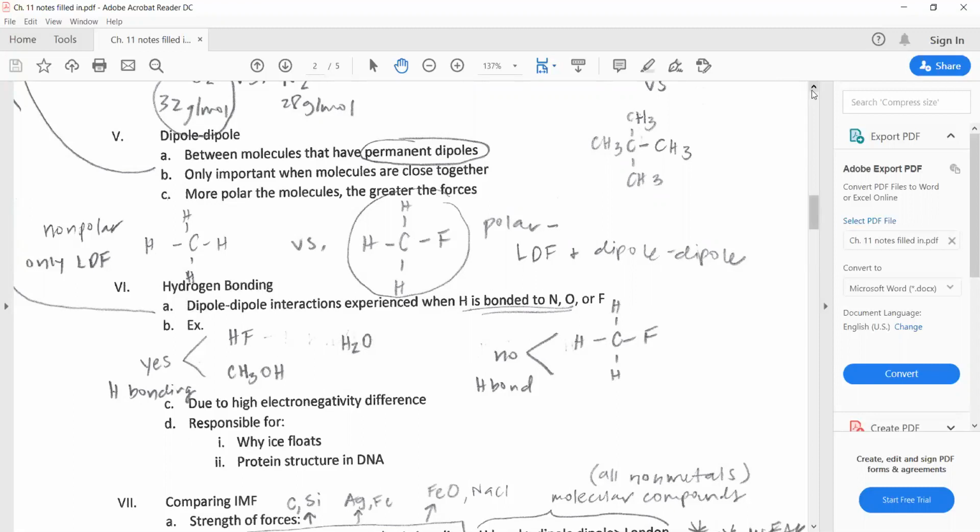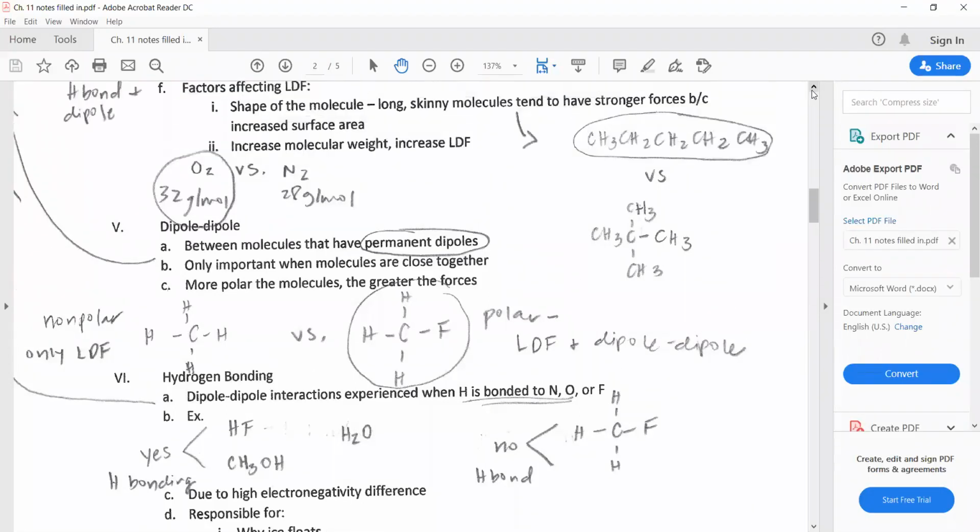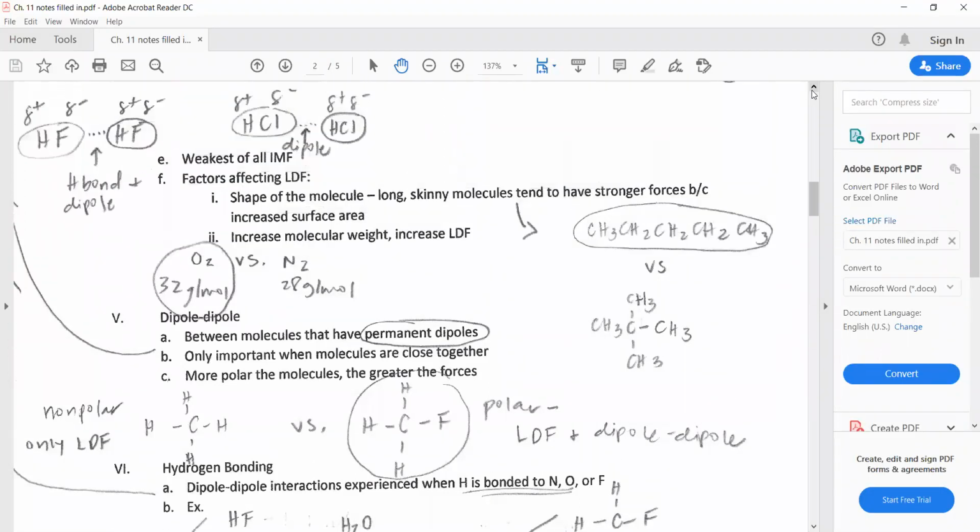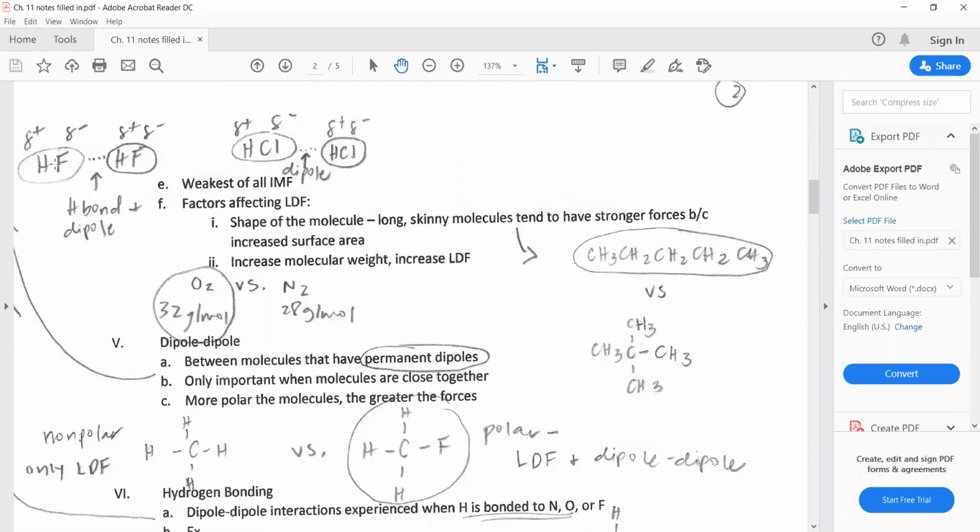Look back at the top here to my HF versus my HCl. We spoke of them very similarly because they were both polar molecules. So these two liked each other in a dipole-dipole interaction. HCl also liked each other because of a dipole-dipole.